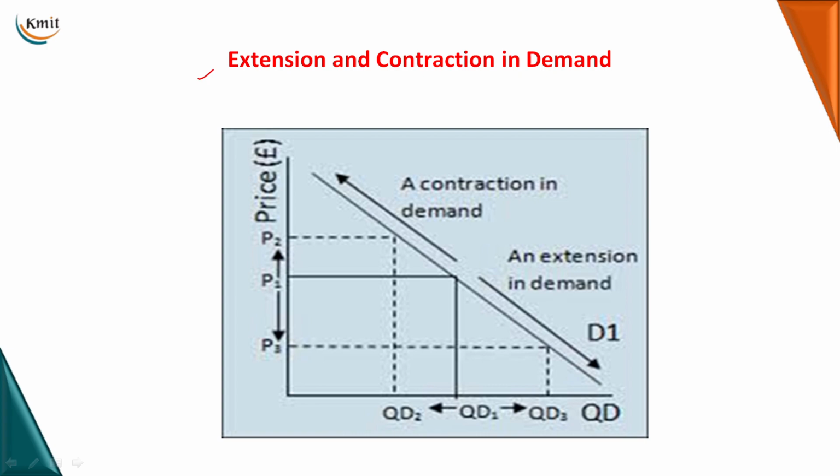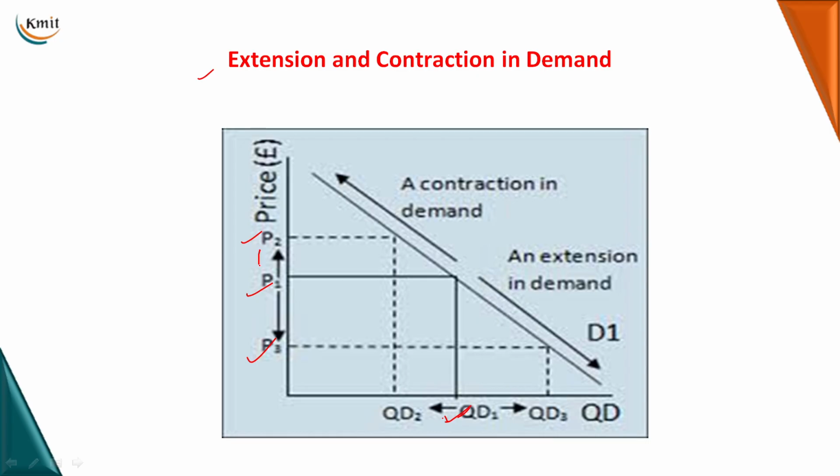So let us assume P1 is the first price, P2 is the next increased price, P3 is the reduced price. So these are the relevant demand or the quantity of the goods consumed when the respective prices are P1, P2 and P3. When the price is P1, the quantity demanded is OQ1, or here it is denoted as quantity demanded 1.